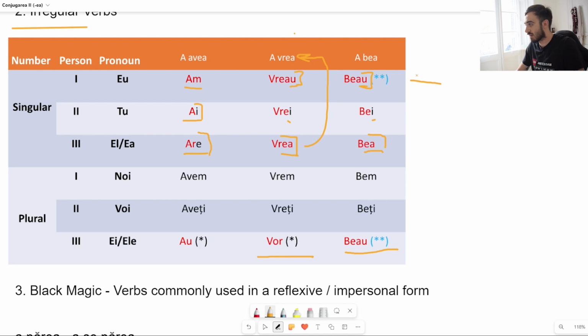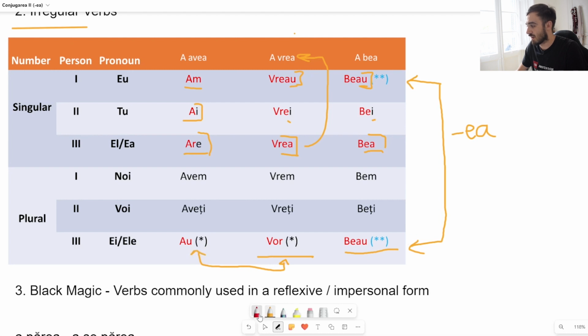Here for abea, you see these blue asterisks. They respect the rule from the EA conjugation. And why did I put this first asterisk here? Because actually this is a very, very big and important rule to be aware of.